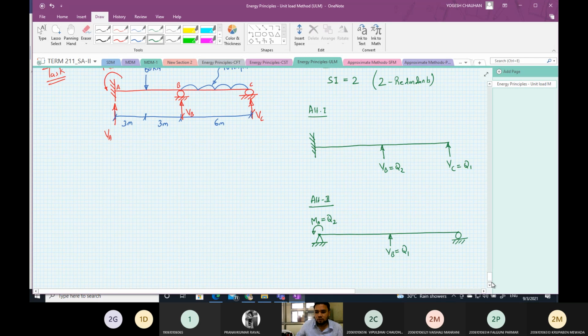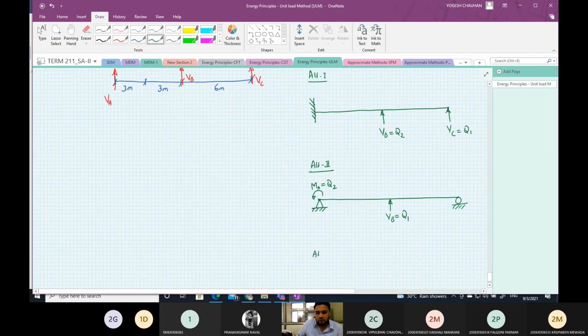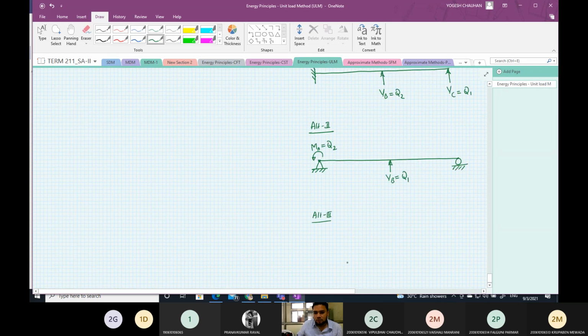This is one alternative. Second alternative, you keep a redundant reaction support here, a hinge here, this as redundant, and this as redundant.